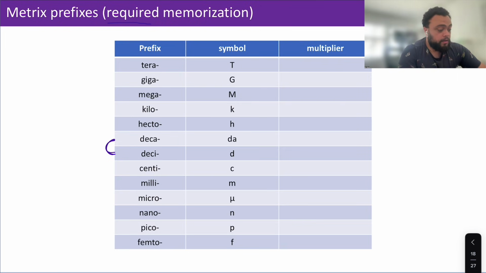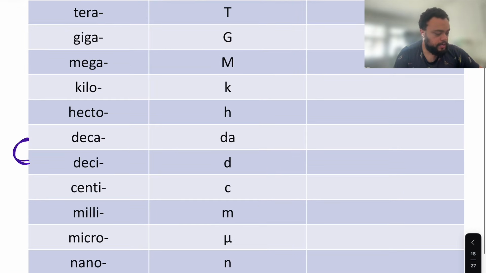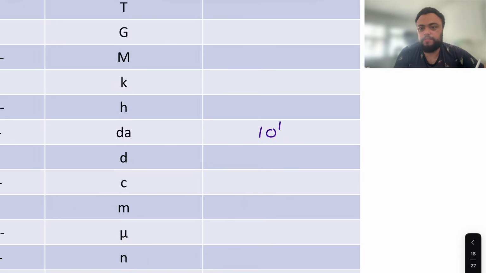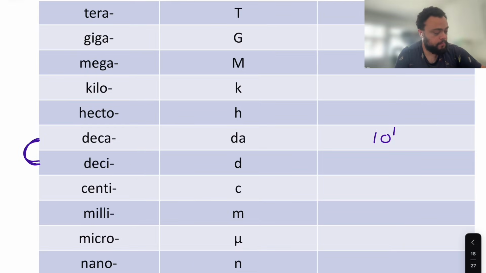We'll start with deca. So deca, you can think of like a decade. That is going to be 10 to the first power. So 10 to the first power, that is 10. Anything to the first power is the number that the base is. So 4 to the first power would be 4, anything like that. So 10 to the first power is 10.